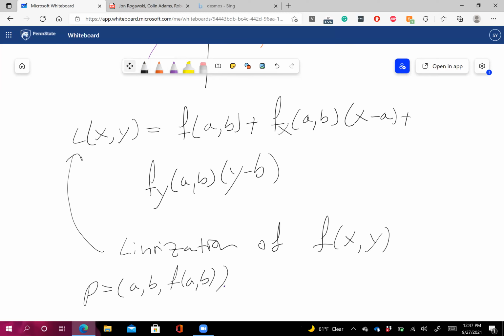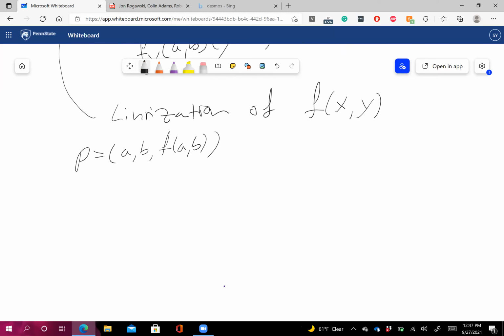And we can then say that f at xy is approximately the linearized equation at or near AB.